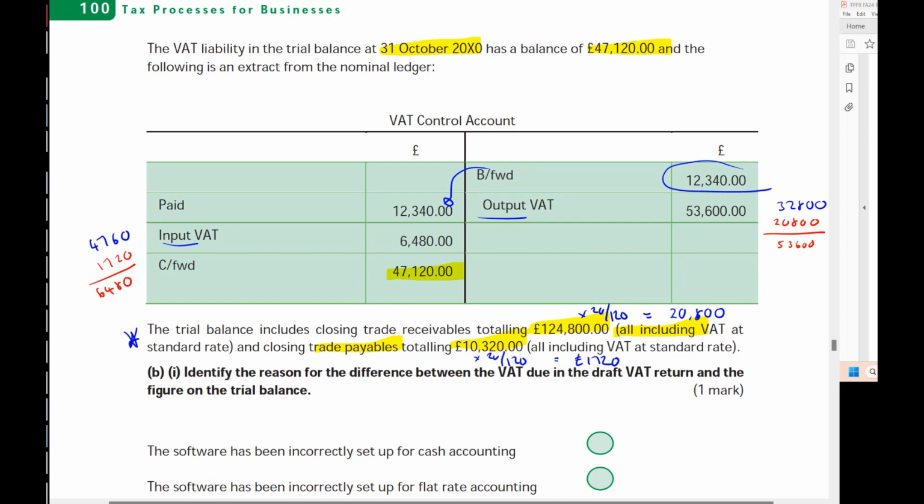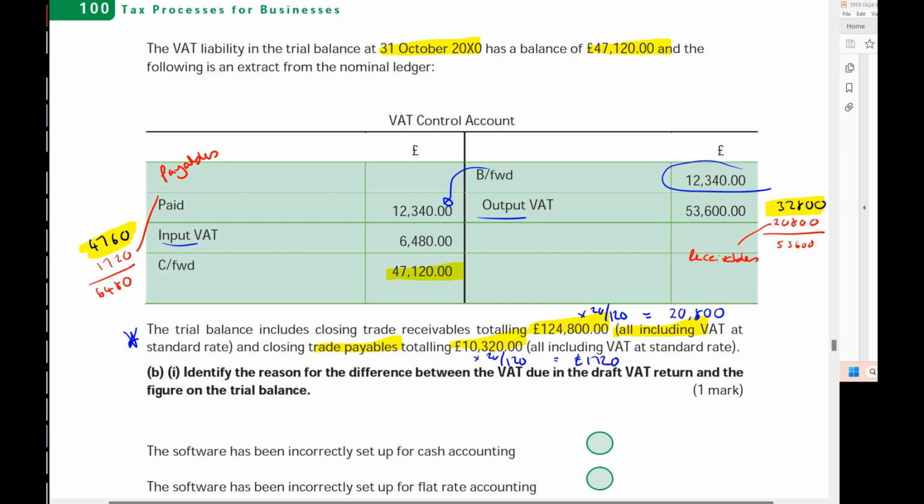So what the software seems to be doing then is including the input VAT on just the bit that's being received, because remember the other bits are still outstanding, either trade receivables or trade payables. So that's the VAT on the payables, hasn't been paid yet. That's the VAT on the receivables, so hasn't been accounted for yet, haven't been received from customers yet.